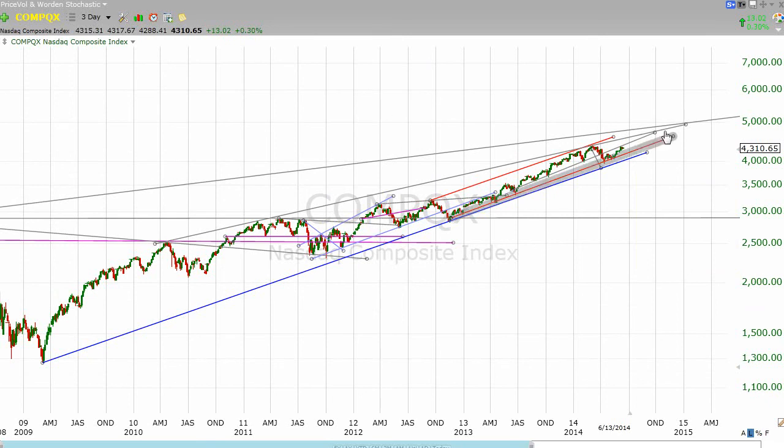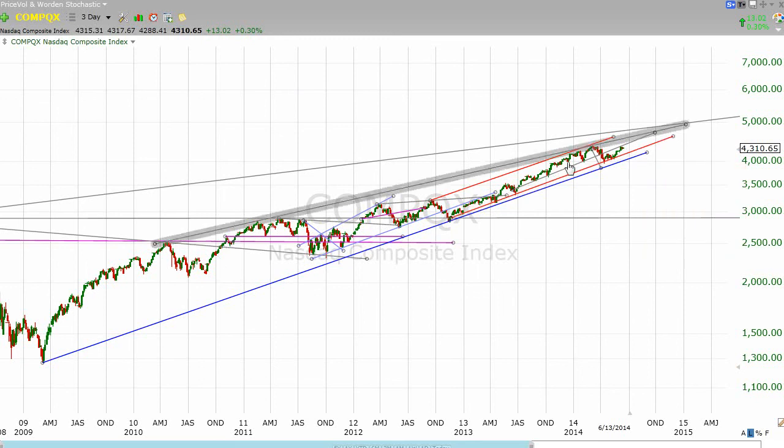This wedge shape to things, should we keep that in mind? Absolutely. I believe eventually all of these wedge shapes will come into play. But we knew about these wedges back in 2011, and had we gotten scared out of the markets back then, we would have missed a lot. So I would say wait until something breaks.